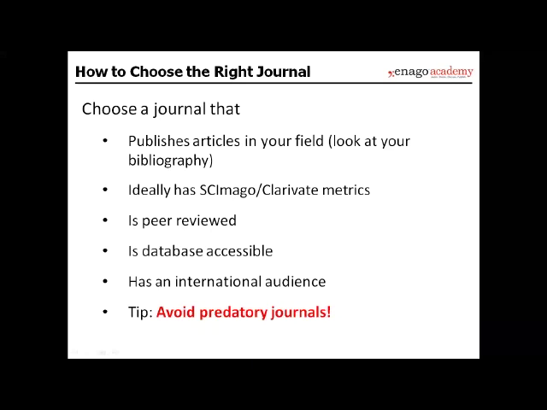As long as you have access to the list of good journals, you're good to go. Most of the time, all the good journals are listed by Scimago and Clarivate. So if your journal is listed here, if it has a metric on one of these websites, scimagojr.com or the website maintained by Clarivate, you're good to go. You don't even need to worry about getting access to the list of predatory journals.